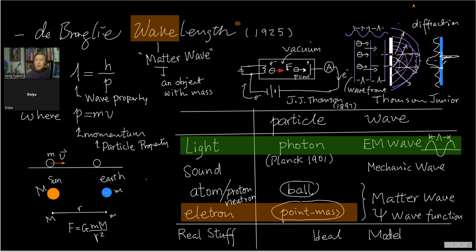That is if we use a particle model to describe the electron. But to his surprise, what he observed was nothing like this. They still got the pattern of interference or diffraction.